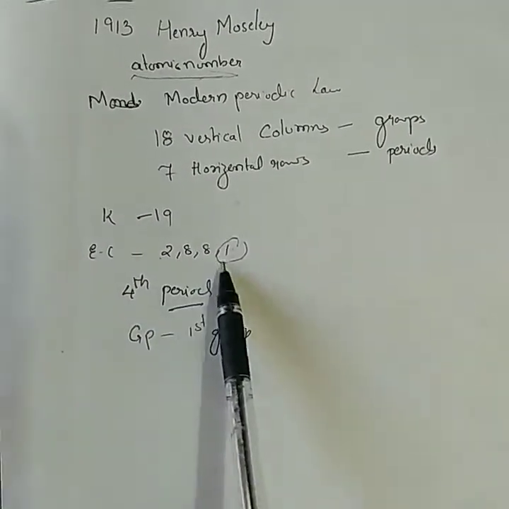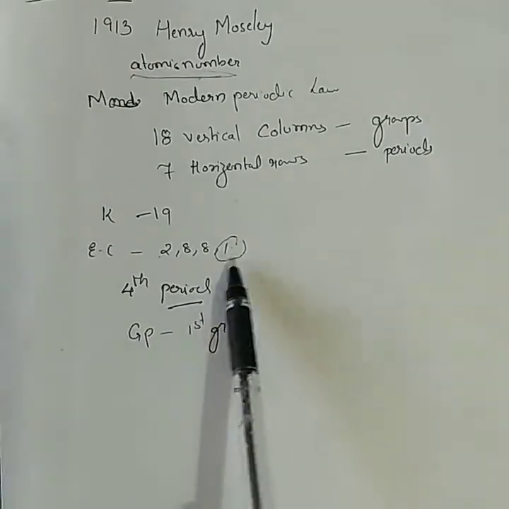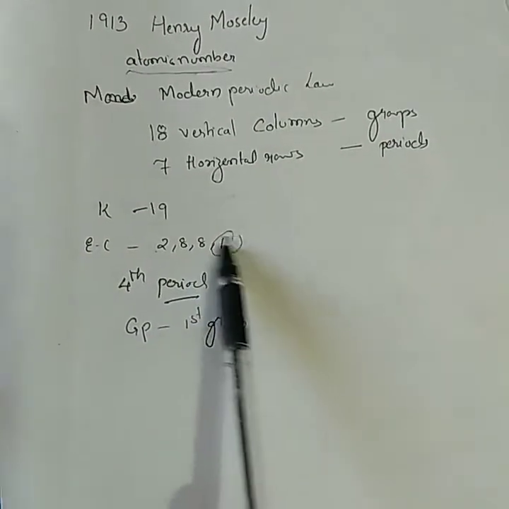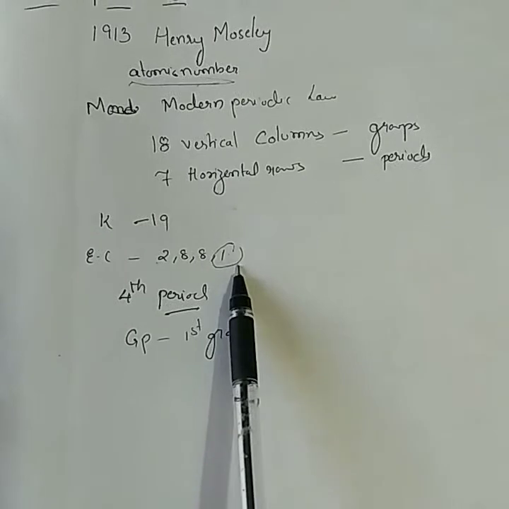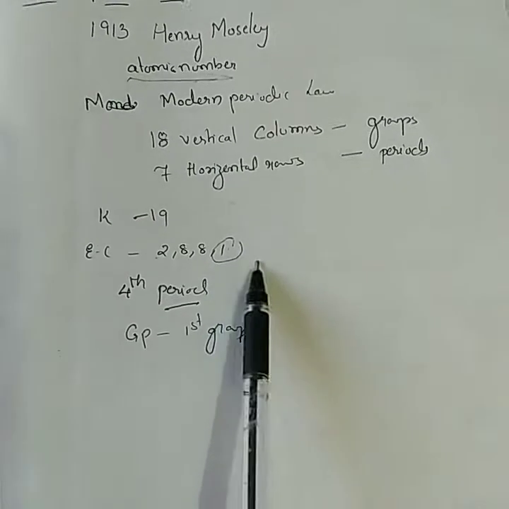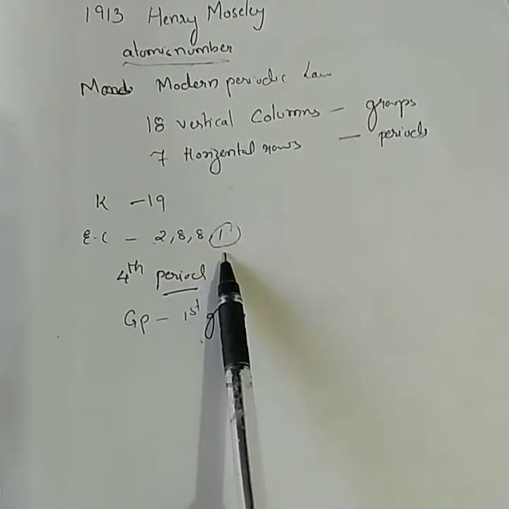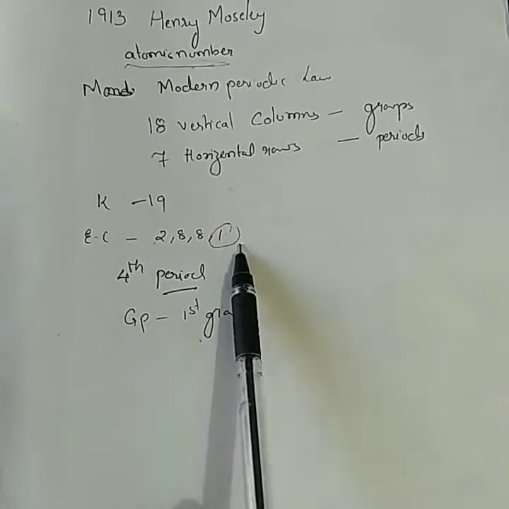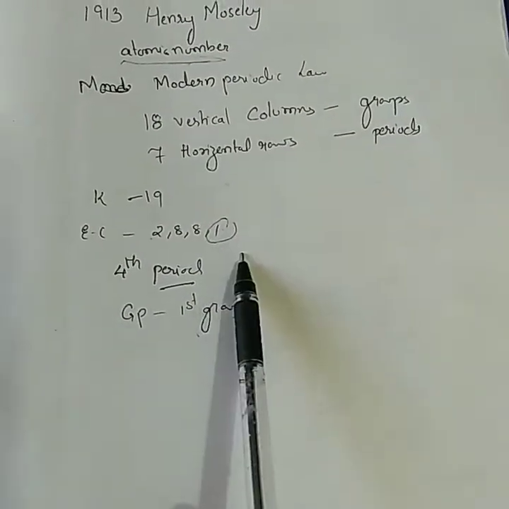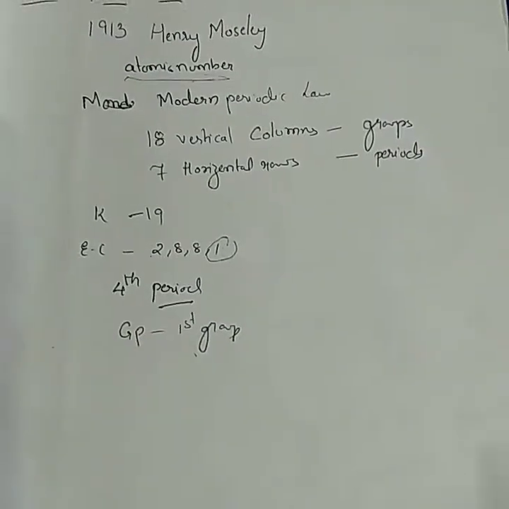If it contains 3 shells, it belongs to the third period. From the number of valence electrons, the electrons present in the last shell, we can identify the group. If it contains 1 electron, it is the first group. If it contains 2 electrons, it belongs to the second group. If it contains 3 electrons, it belongs to the 13th group.